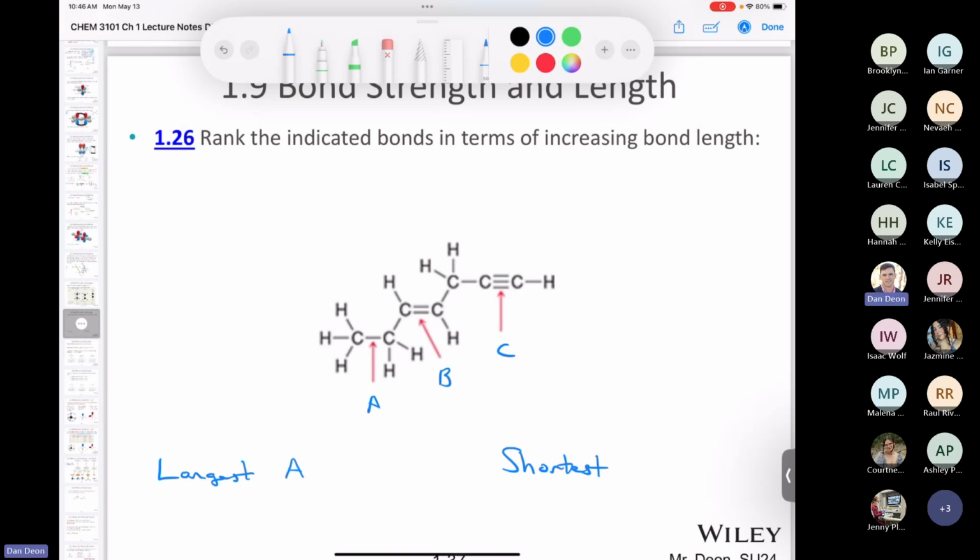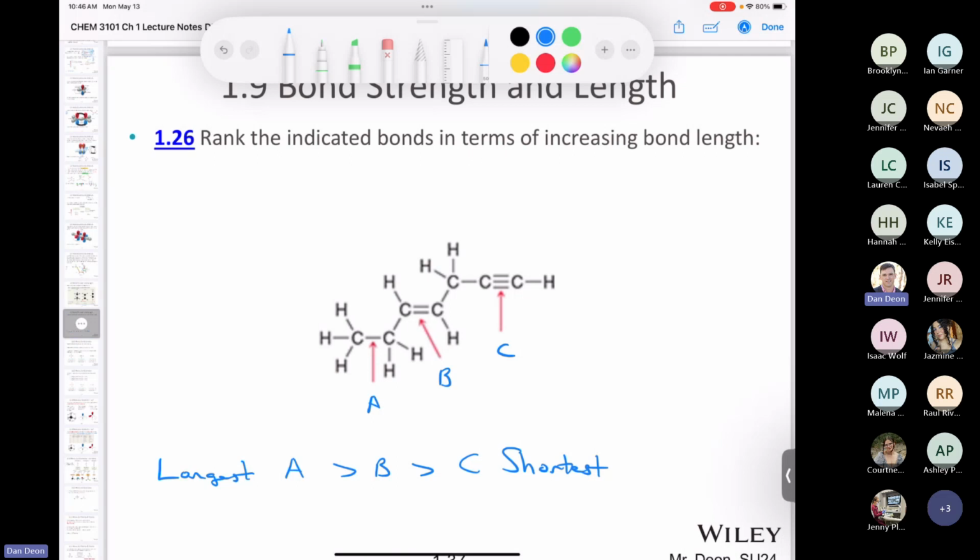And the shortest would be C, because A is a single bond, B is a double bond, and C is a triple bond. So A is the longest, B somewhere in the middle, and C is going to be the shortest one of all.